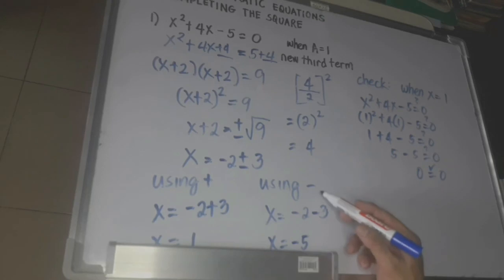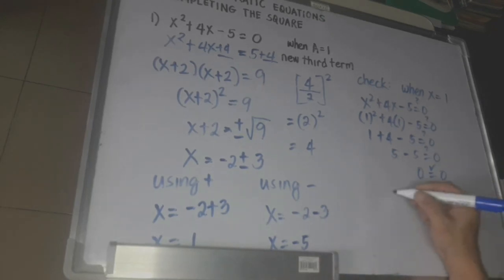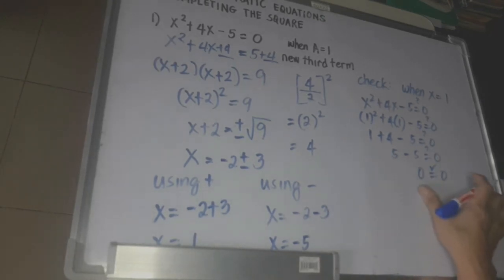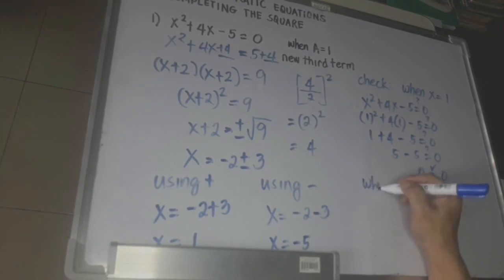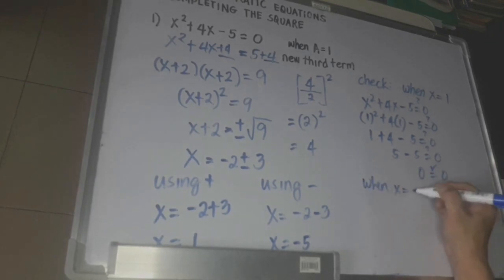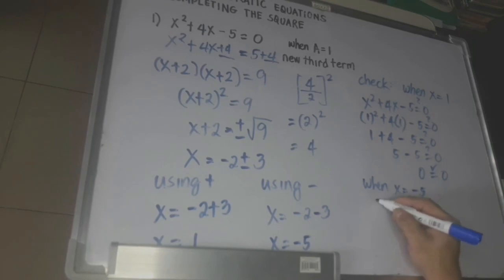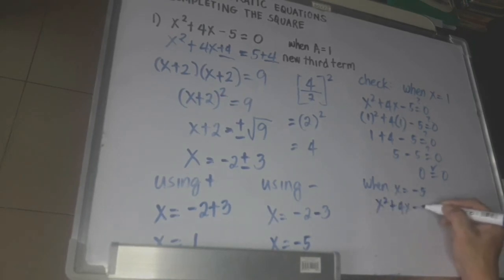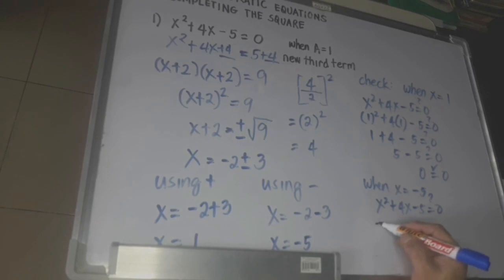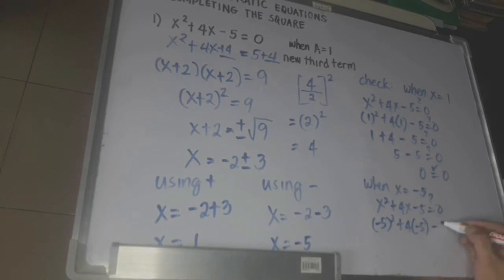Another, using negative 5, when x equals negative 5, writing the equation, x squared plus 4x minus 5 equals 0. Then, negative 5 for x: negative 5 squared plus 4 times negative 5 minus 5 equals 0.